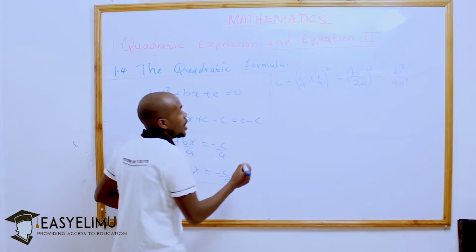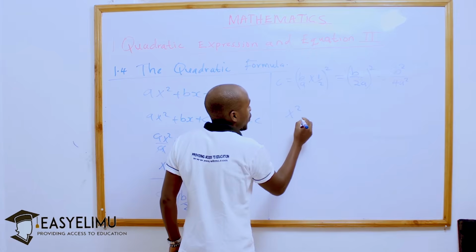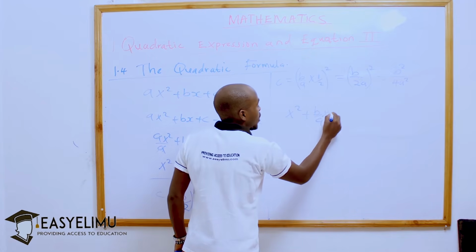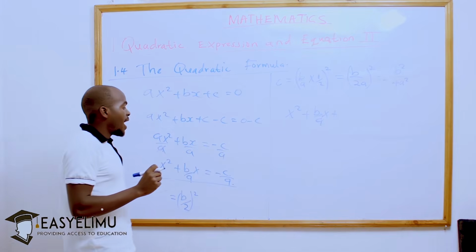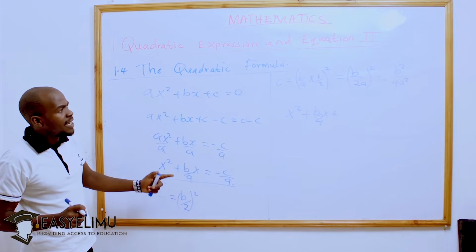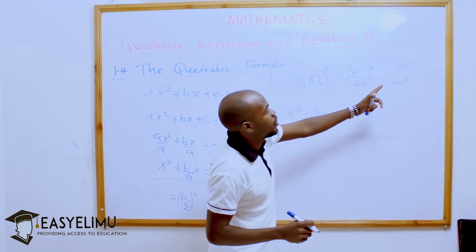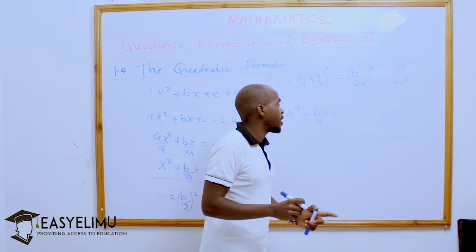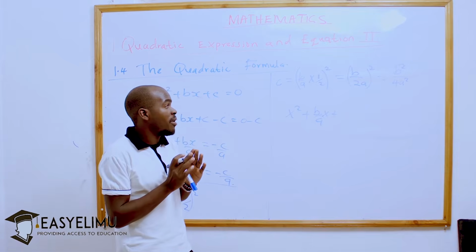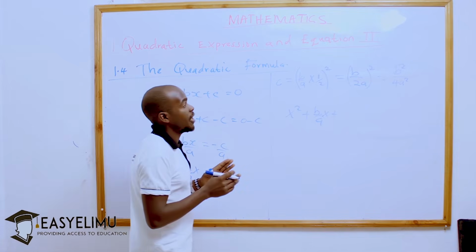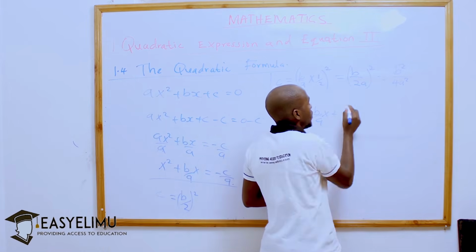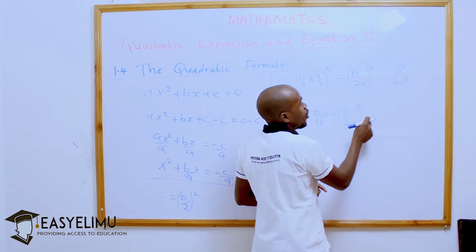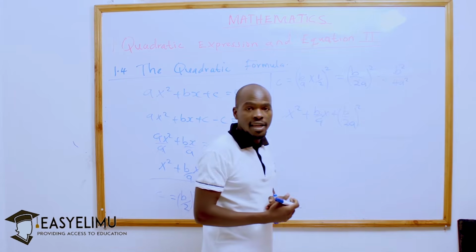So we have x squared plus b over a x plus the value of c, and c we have found to be b squared over 4a squared, which we can also write as b over 2a squared. It is still the same.